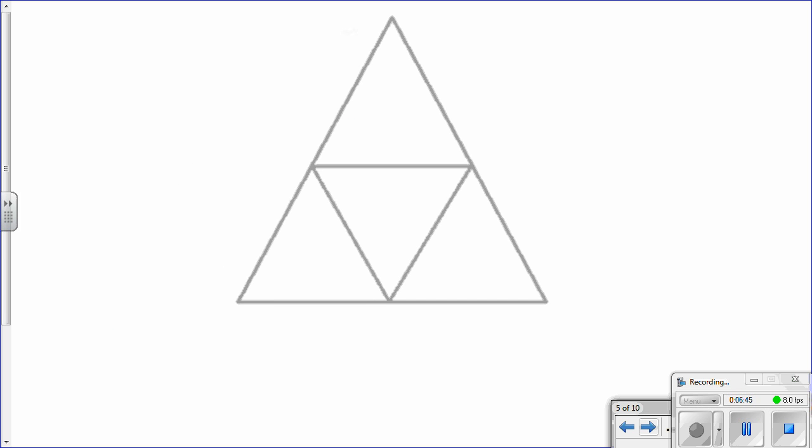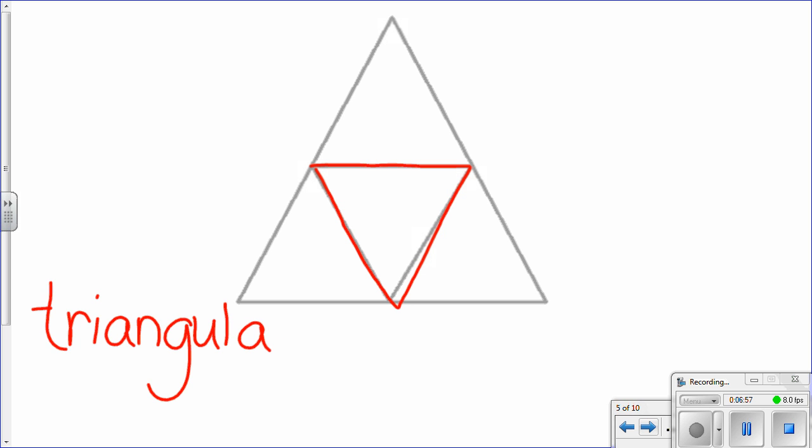Next one. So here, what shape is this? Triangle. Will it fold into a point? Yes. So it is a what? Triangular pyramid.